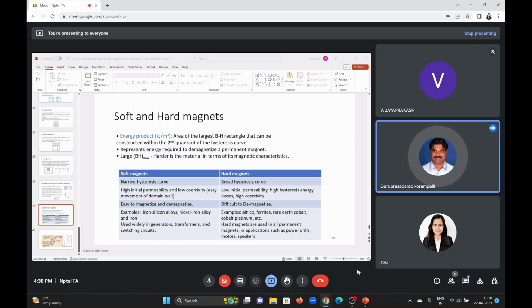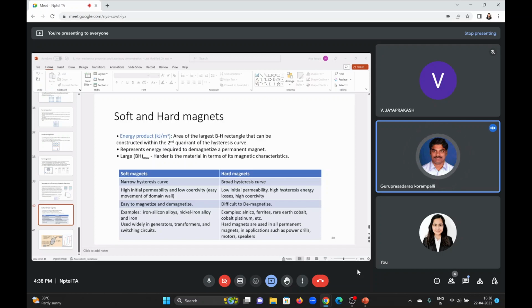One more question on the planar density of a cubic unit cell in an FCC crystal. Calculate the planar density of a cubic unit cell in an FCC crystal. Options are 2 by a square, 3 by a square, 4 by a square, and 2 by a square.